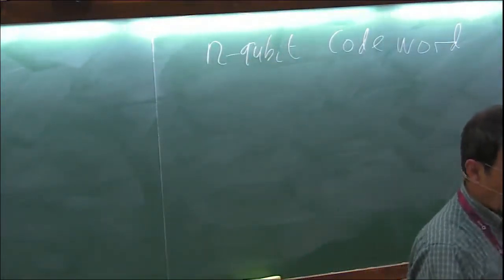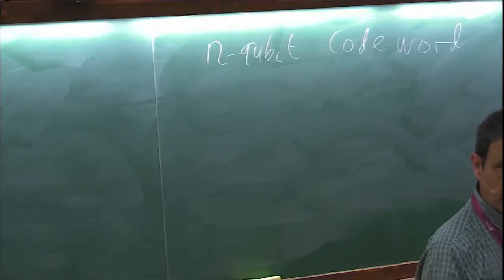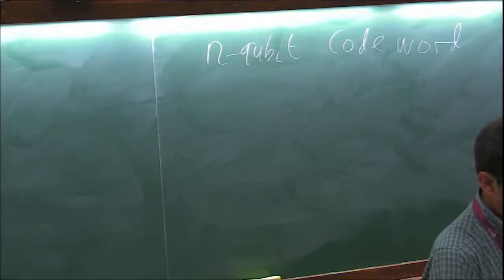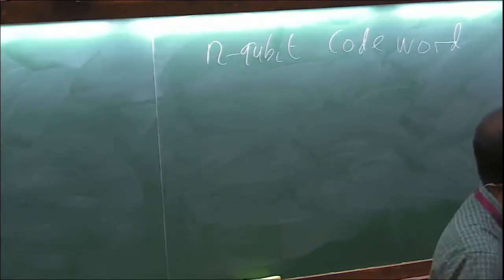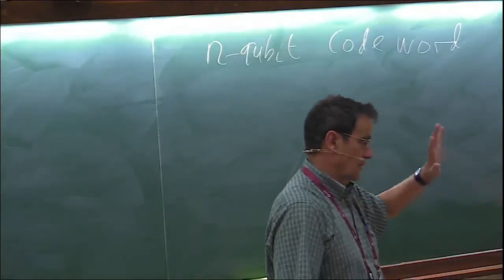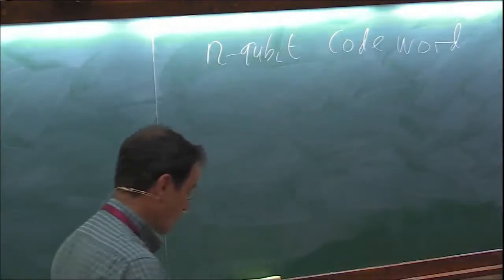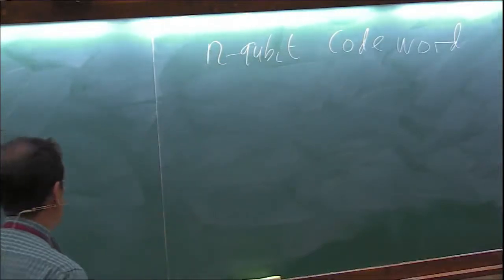I'm going to give an example due to Peter Shor where n is 9. We extend the 1 qubit not to 3 but to 9 in order to deal with these different types of errors. This is not the most efficient, but I think it's the one that's easiest to see the structure.